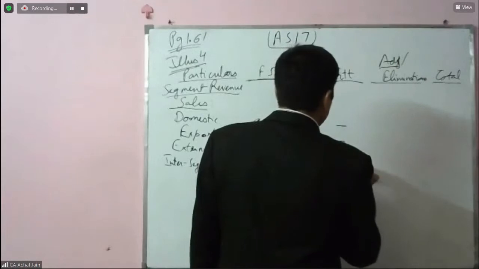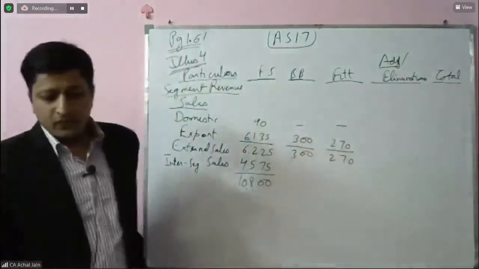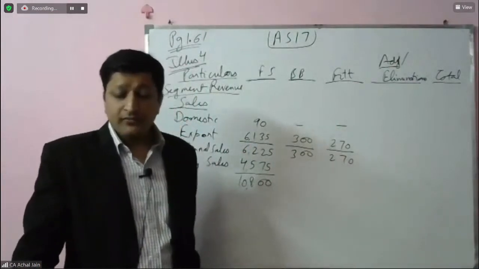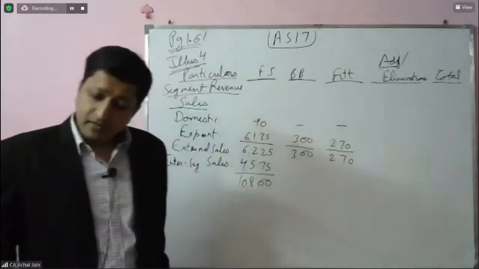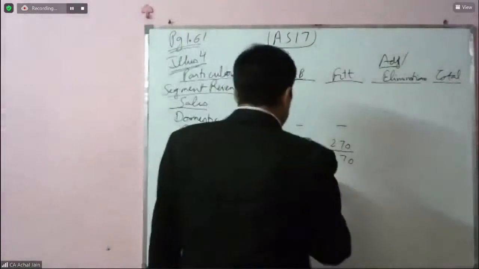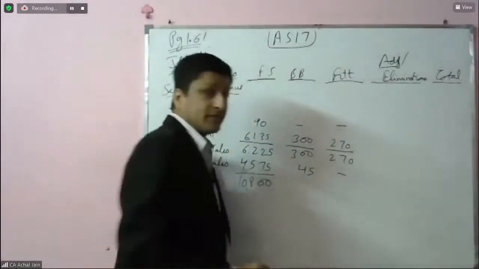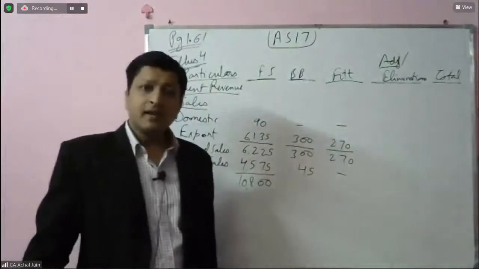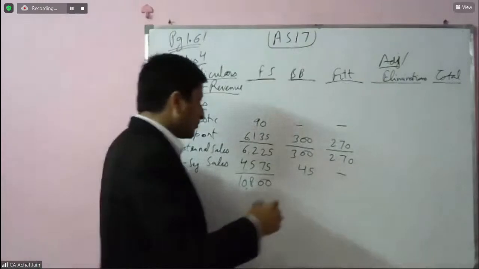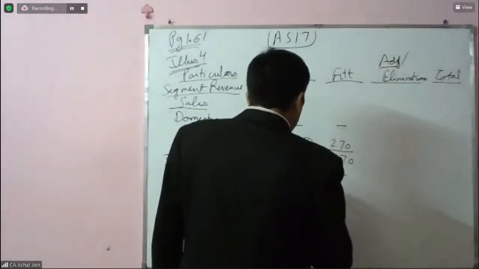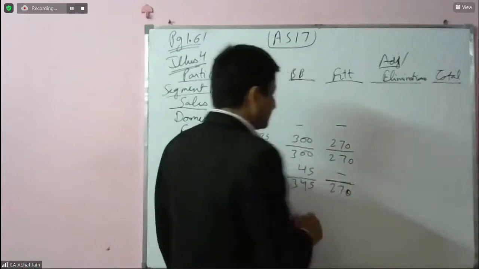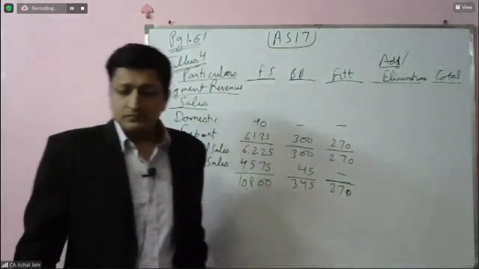Then we have inter-segment sales of 45 in case of bright bar, and nil over here. So the total sales for these two we get as 345 and 270. Correct.